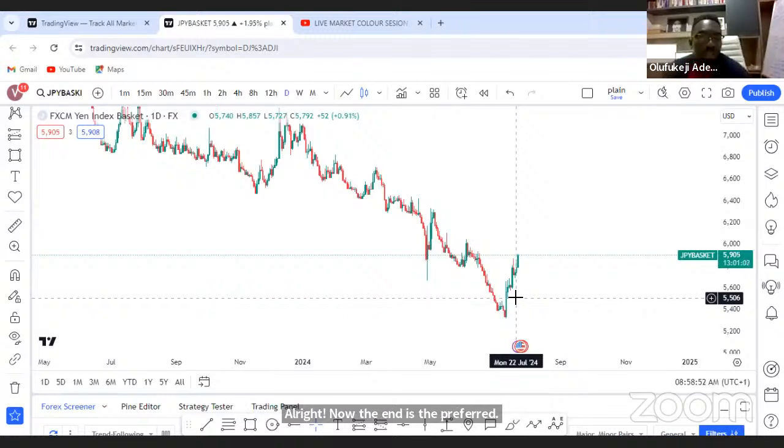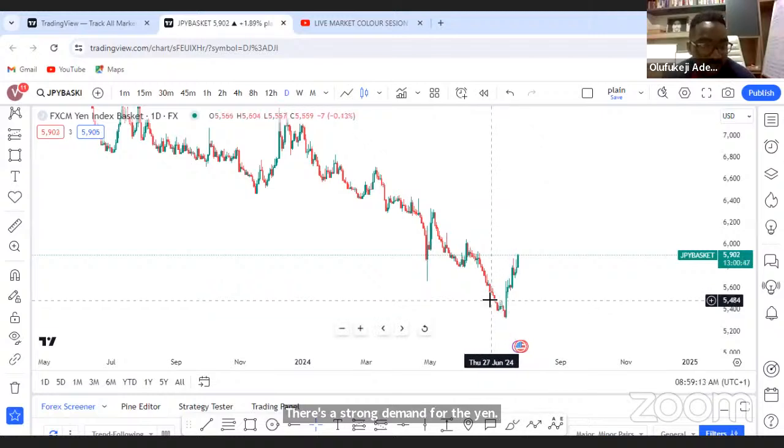It has been so low for such a long time that it has become very cheap compared to other assets. And now we are finally seeing a strong demand for the yen. Based on this, we will likely see yen pairs start to fall.